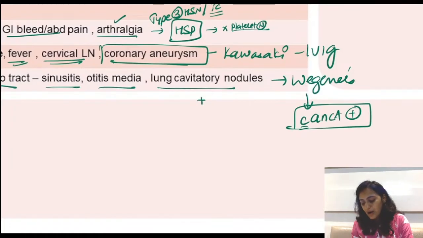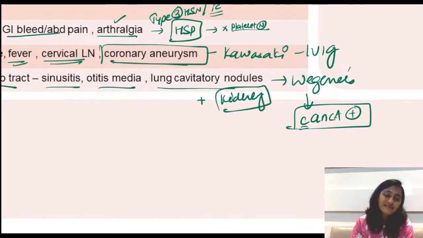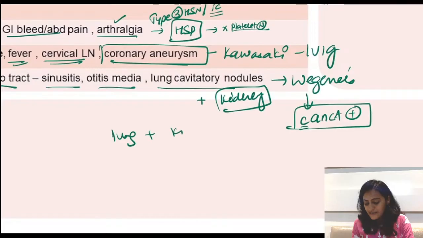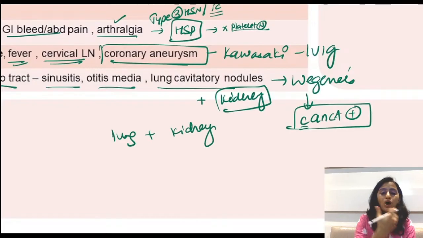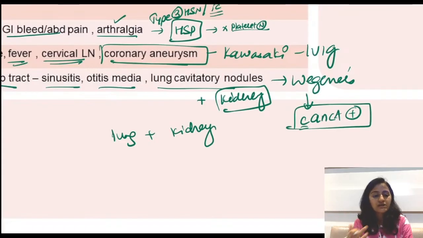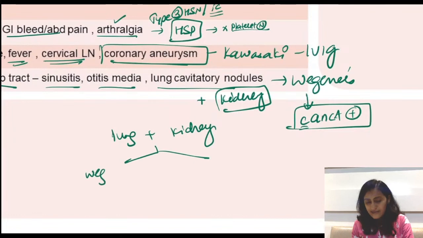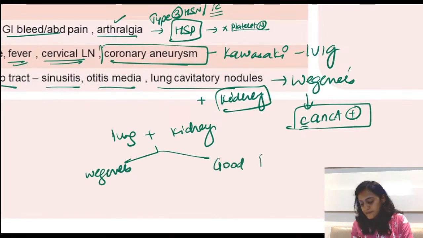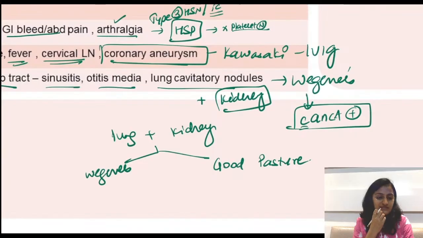Along with that, for the renal involvement, there can be a history of hematuria also given in the question. So remember two things. When you have lung plus kidney involvement, hemoptysis with hematuria, what are the differentials that you think of? One is Wegener's granulomatosis and the other one is Goodpasture syndrome.